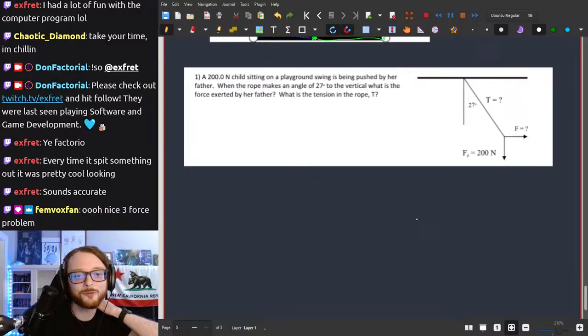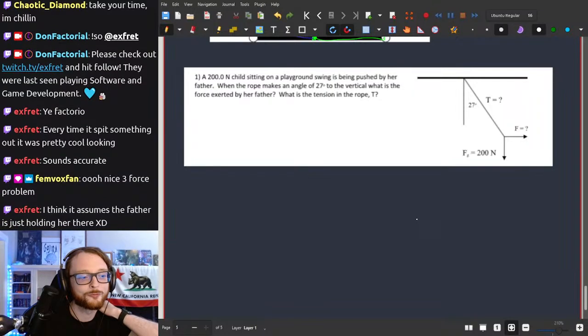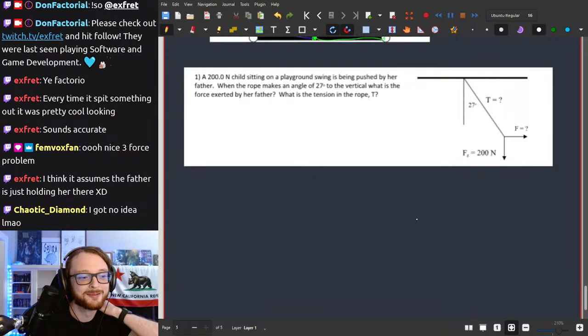I think we're just supposed to assume the father is following her through the swing. It assumes the father is holding her there. Okay, yeah, that makes more sense. If the child's at rest here and the father is holding her there, that's not very clear to me from the question, but I think that's what it has to be.